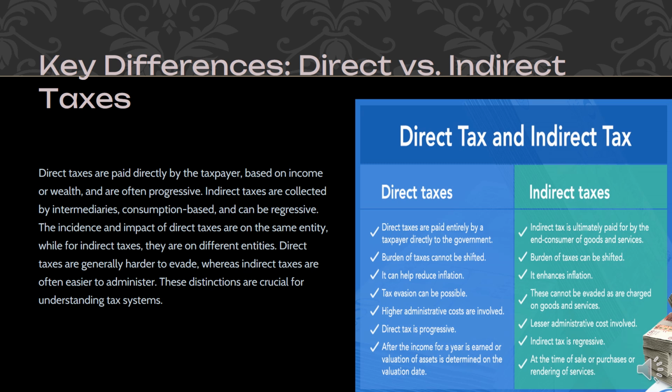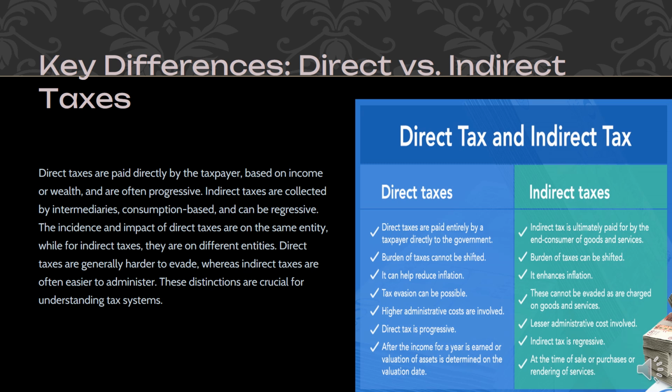Direct taxes are progressive taxes, meaning the rate of taxation increases with an increase in the taxpayer's income. Indirect taxes are generally regressive taxes because the tax rate is the same regardless of the taxpayer's income. However, GST is a proportionate tax.